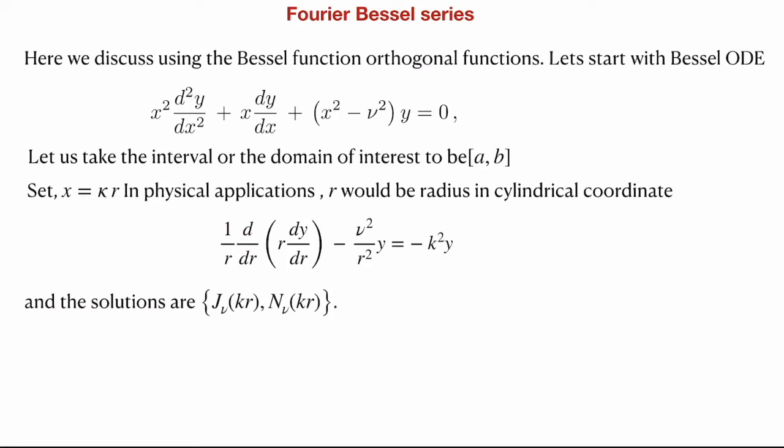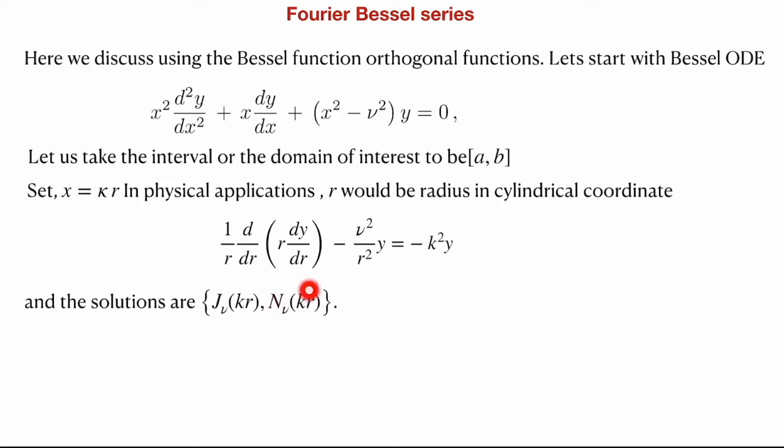That is often called the weight function in orthonormal functions. You can weigh the dot product with respect to a weight function, and that can be easily incorporated. And we know the solution of this differential equation is a Bessel function and a Neumann function, and we have seen that these two are a set of linearly independent functions for the Bessel differential equation. Of course, we have to worry when 0 is in our domain.